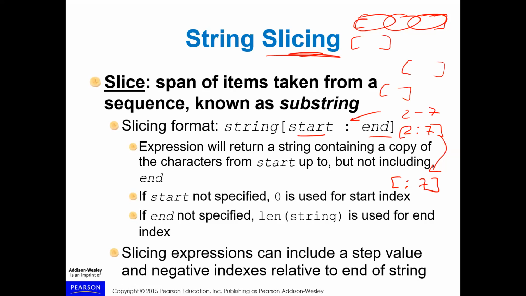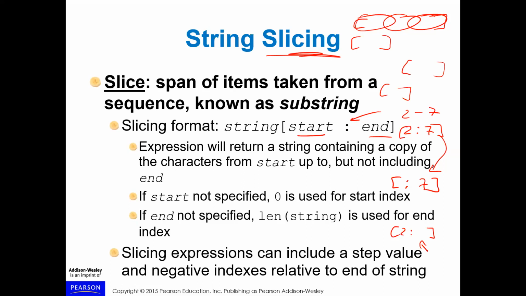If end is not specified, then length of string is used for the index. That would be the example of just doing 2 colon, where you did not specify the end, so it is assumed you go from 2 to the end, which would be length of string.